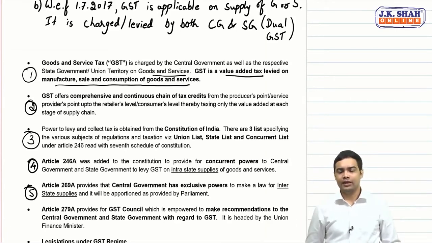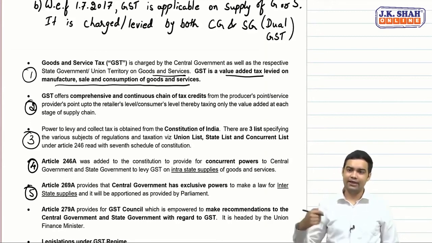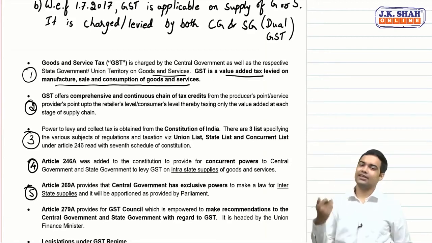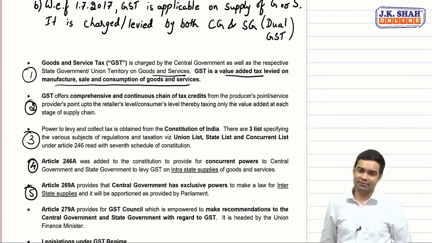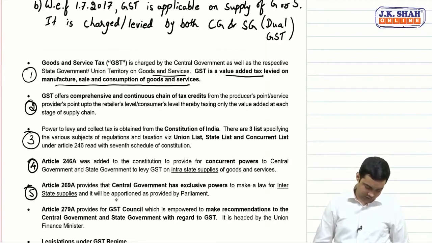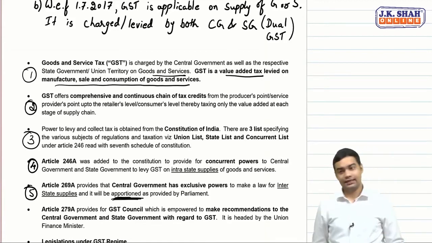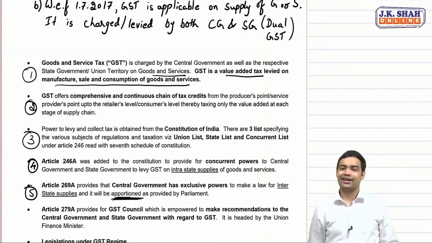Now, you have read about Article 246A and 269A. Article 246A deals with intra-state supply where central government and state government both charge GST. Article 269A deals with interstate supply where central government will be charging GST but it will be apportioned. The most important word here is apportioned as provided by parliament, meaning central government will not alone eat entire taxes.